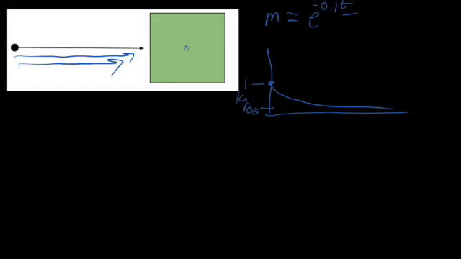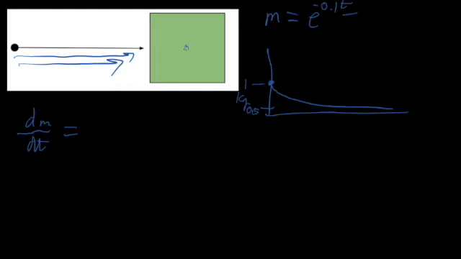First and foremost, we can look at what the change of mass with respect to time is, particularly in this beginning situation. So dm/dt is the derivative of the mass with respect to time, and we can use the chain rule in this case with exponents.